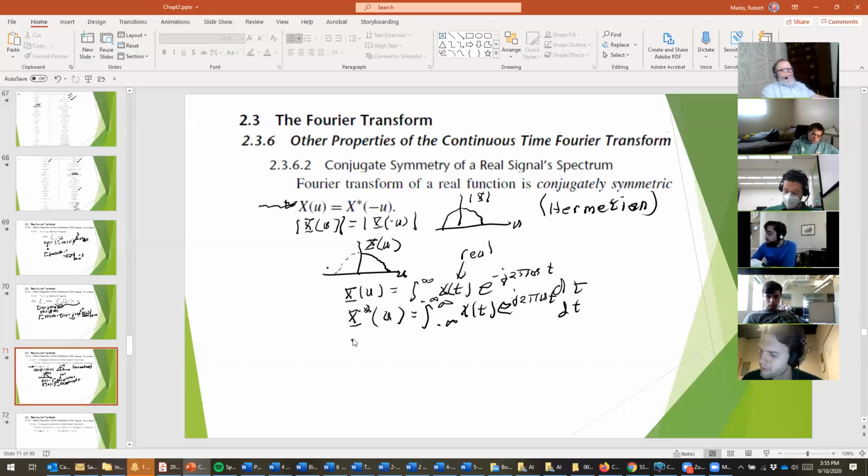And the last thing we have to do is look at the conjugate of the result and look at minus u. We get the same thing here, except that guess what? This u becomes a minus u. Whoops, forgot my e here.